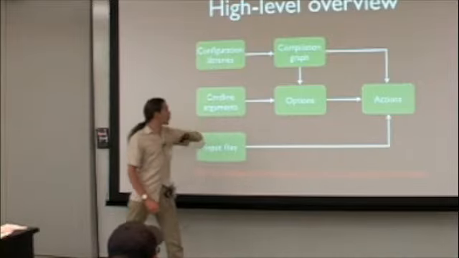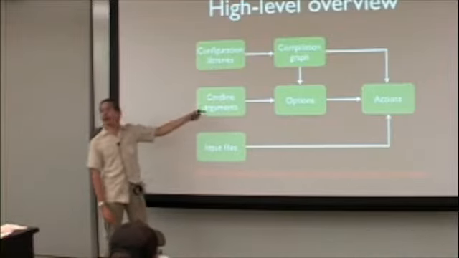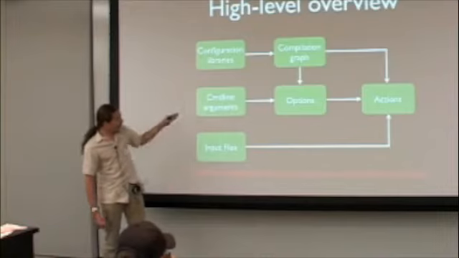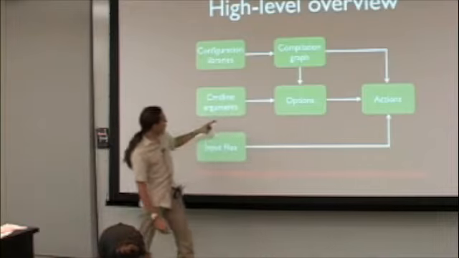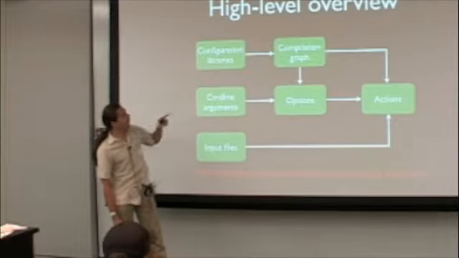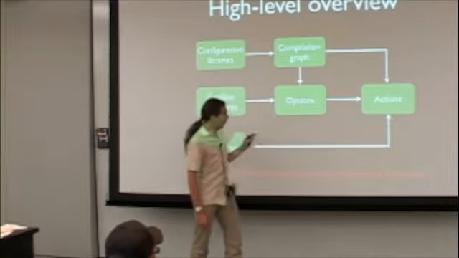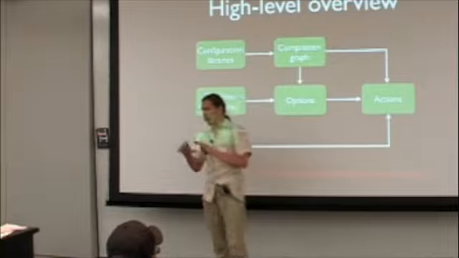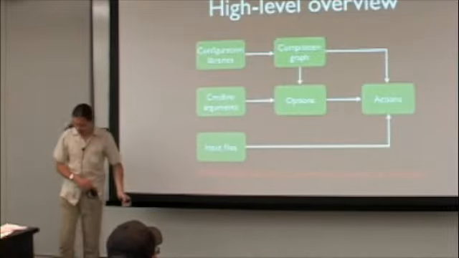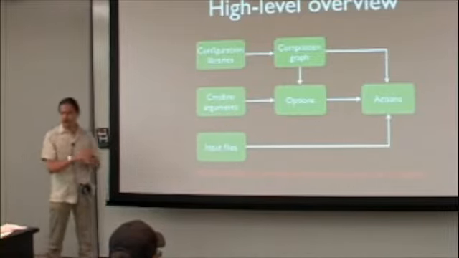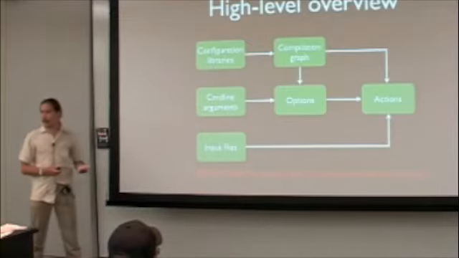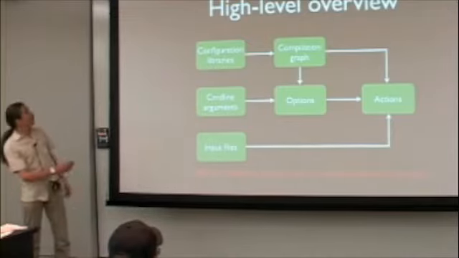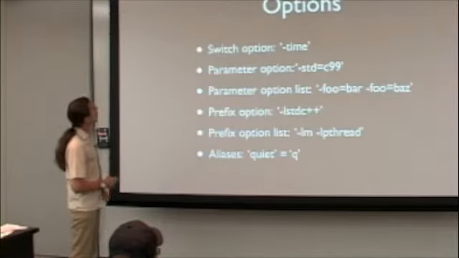And this set of options is used to parse command line arguments. The set of input files, the set of options driven by the command line arguments, and the compilation graph itself form the set of actions which are needed to compile the set of input files into a set of output files. This is the high-level overview of how the current compiler driver is working.